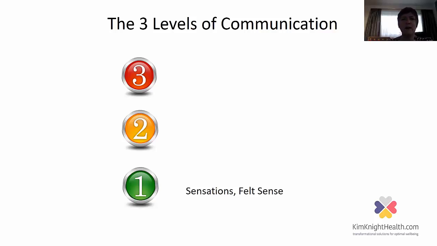And so this inbuilt system automatically feeds back to us, this is how I'm feeling about XYZ situation or XYZ person. But this first level of communication is not in words.